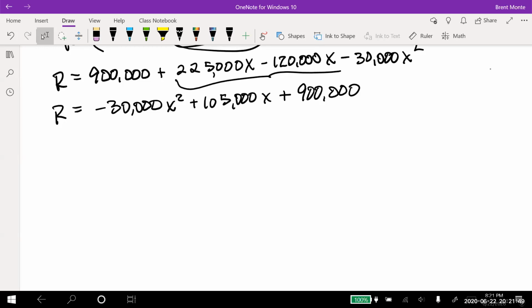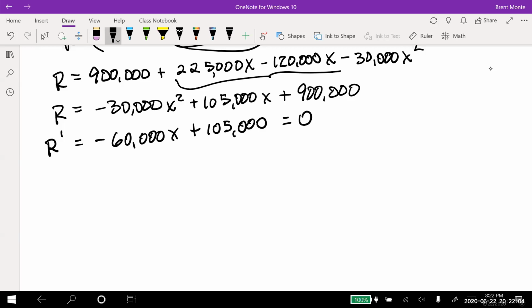Well, if I'm trying to maximize revenue, what do I have to do? I have to take the derivative. So R prime, negative 60,000x plus 105,000. Set it equal to 0. I'll go negative 60,000x equals negative 105,000.